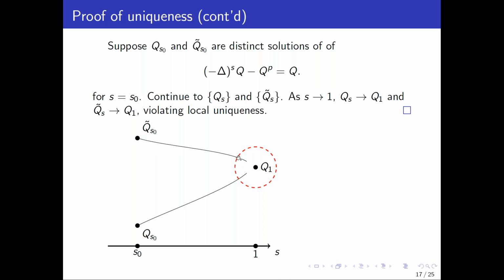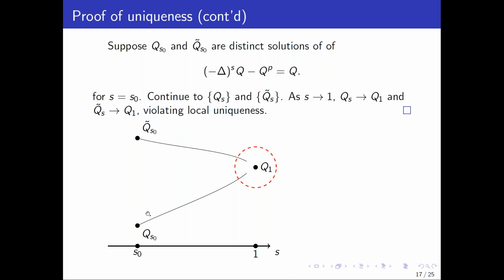Now, since you can continue both of these solutions to S equals 1, we know that the solution for S equals 1 is unique. So both of these branches of solutions have to be heading towards the same unique ground state solution, which exists for S equals 1. So at some point, they have to get within some small neighborhood of this solution where local uniqueness holds.